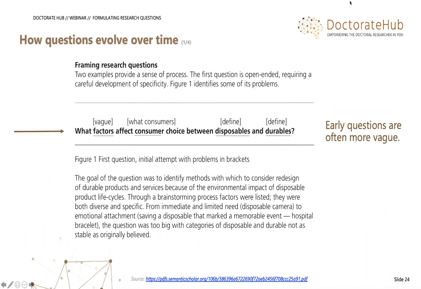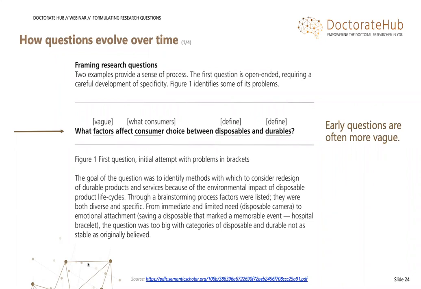Now, let us look into an example of how questions evolve over time. So this is an example of a very initial question: what factors affect consumer choice between disposables and durables? There is nothing wrong with starting out with a simple question like that, it is rather something natural.